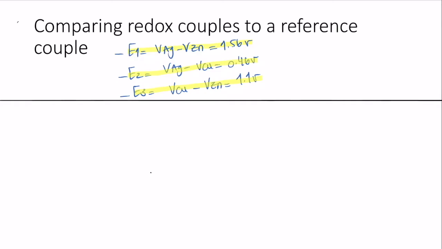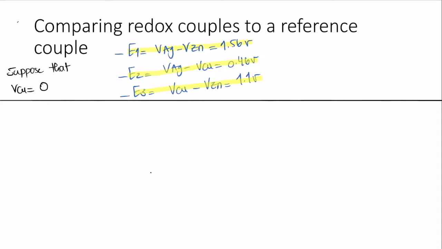Now in this case, let's suppose that VCu is our reference, and I'm going to suppose that VCu is equal to 0. I choose my reference to be VCu, the reduction potential of copper, and I choose it to be equal to 0.